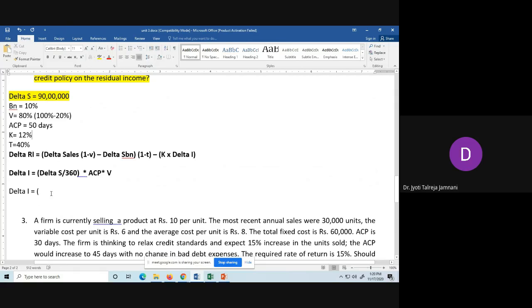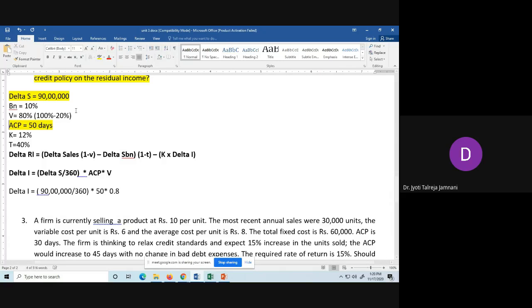So delta S is 90 lakhs divided by 360. First we divide and then we multiply it with the average collection period, which is given as 50 days. And then we multiply it with the variable cost percentage, which is 0.8. 80% divided by 100 is 0.8.